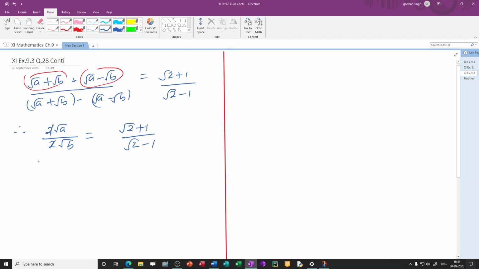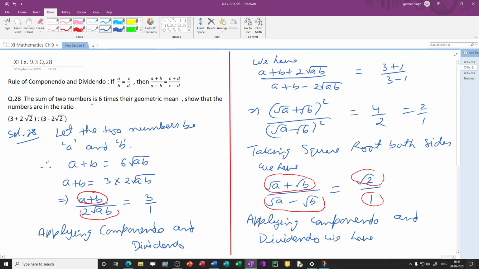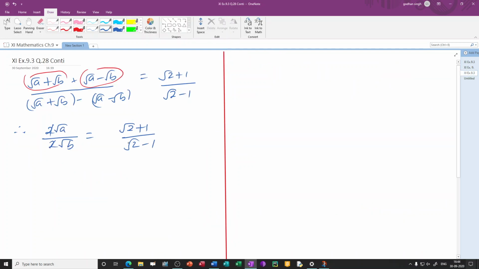But still, what is required by us, let us go back to the page, we want the sum of the two numbers 6 times their geometric mean. Prove that the numbers are in the ratio. That means the numbers we have taken a and b, we have to find a ratio b. But this is root a ratio root b, so we'll square both sides.